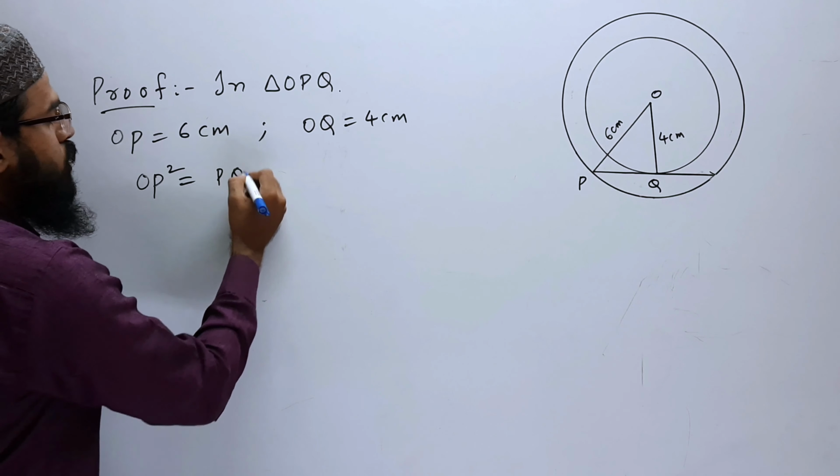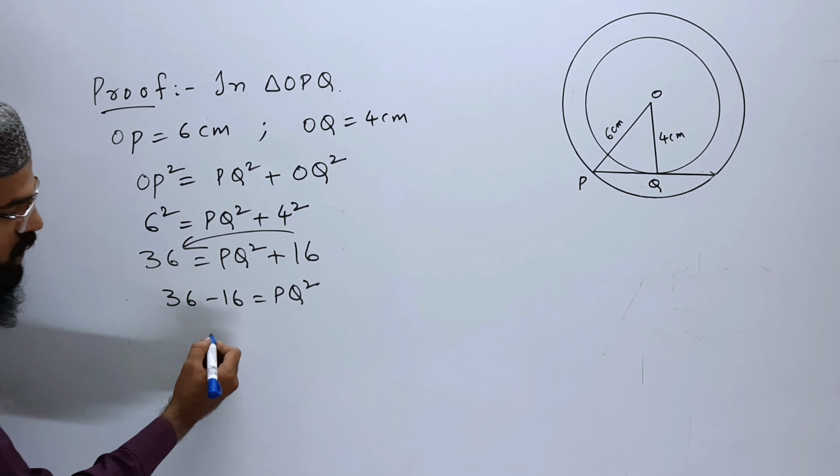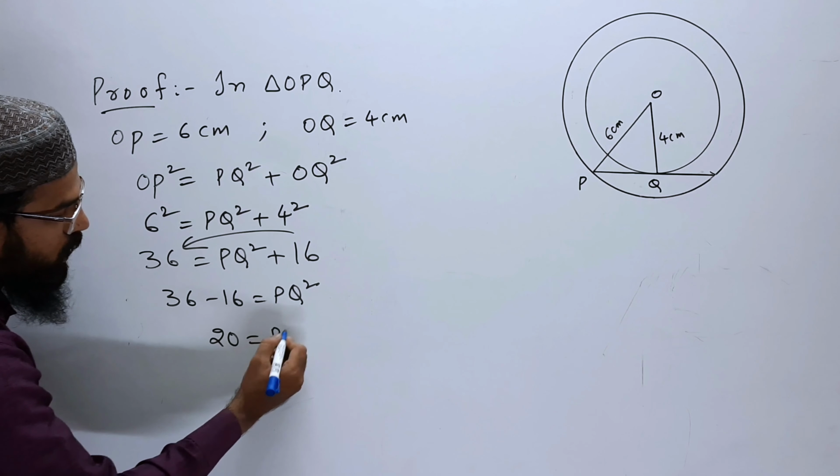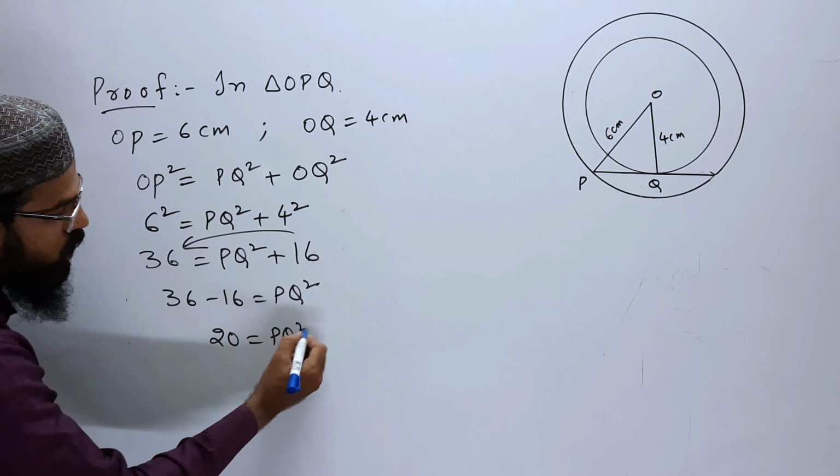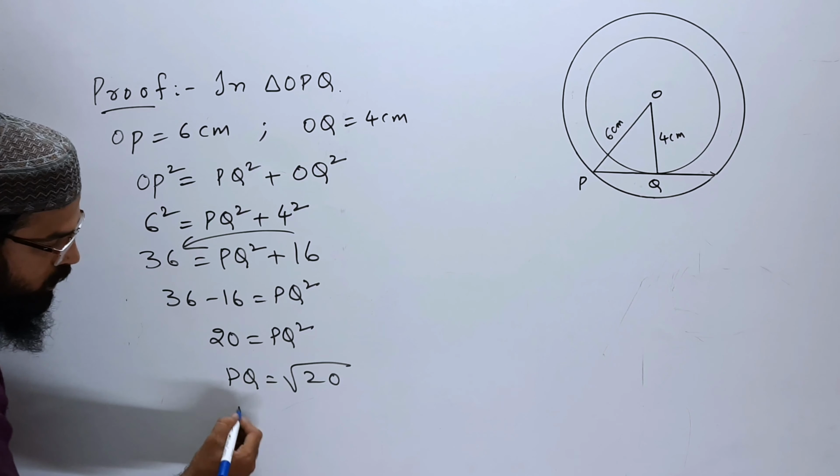So 6 square is equal to PQ square plus 4 square. 6 square is 36, equal to PQ square plus 16. 16 goes to that side. So 36 minus 16 is equal to PQ square. 36 minus 16 is 20, equal to PQ square. So PQ is equal to square root of 20.